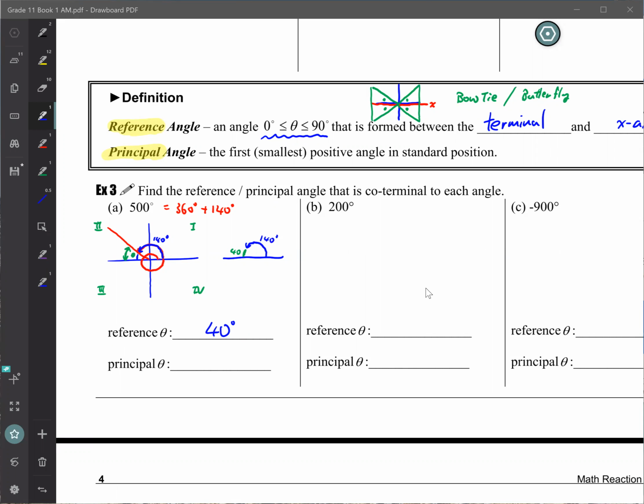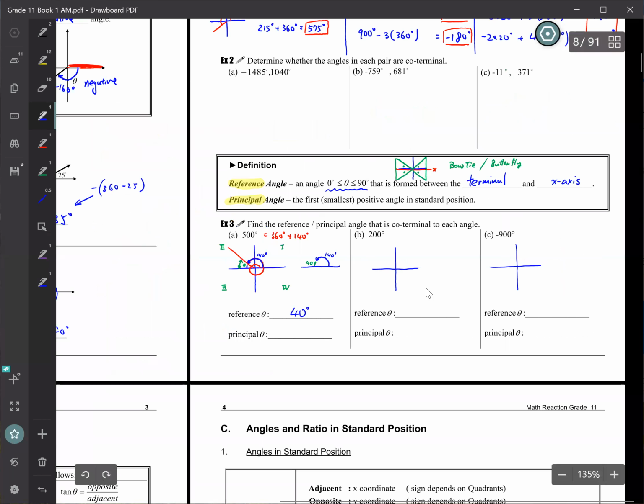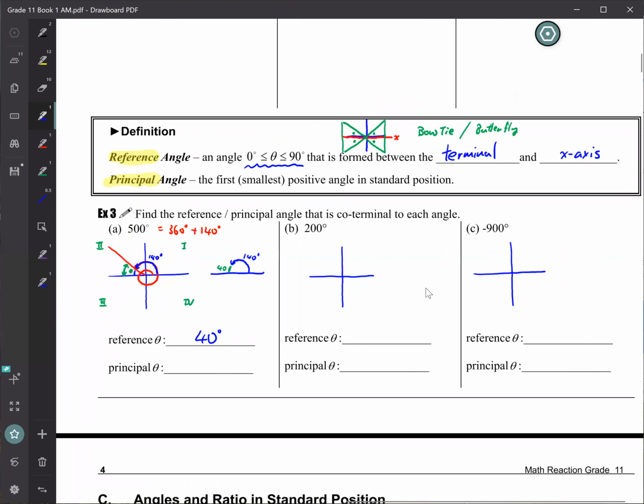So first draw the picture and then figure out the value of the reference angle. Okay, when you have finished B and C, you can raise your hand.